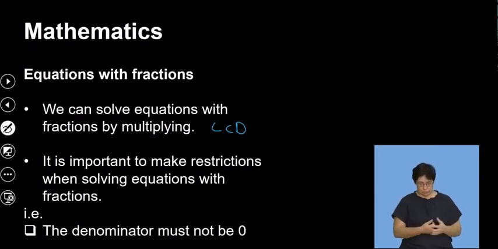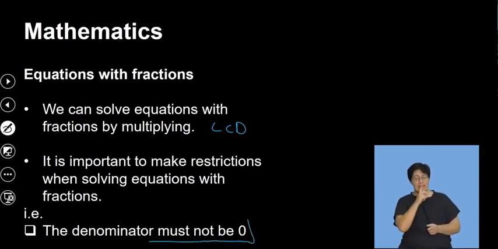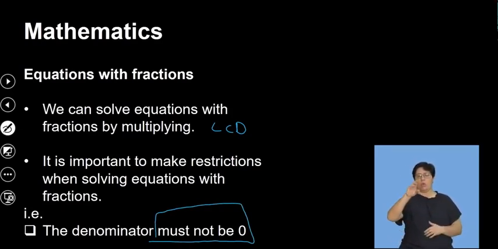It is also important to make restrictions. What do I mean? The denominator must not be 0. You know, on that nice thing of yours that you like called a calculator, as soon as you divide by 0, it will say undefined or it will say error. So make sure that you make those restrictions.